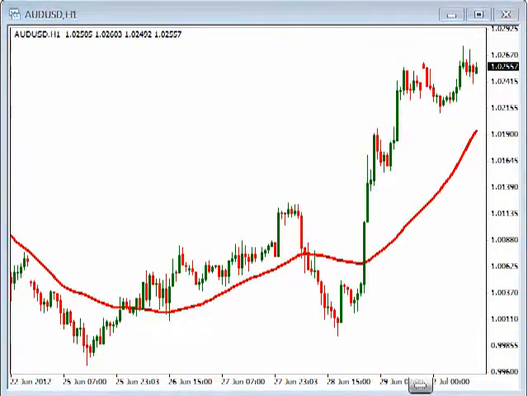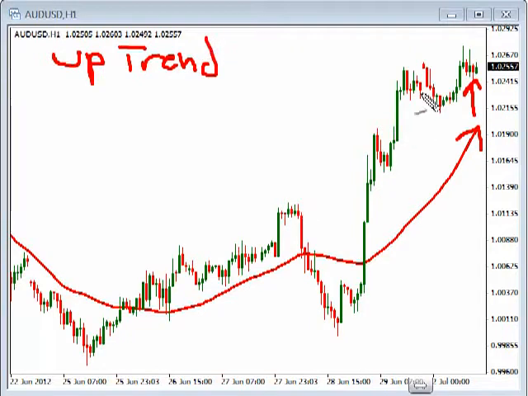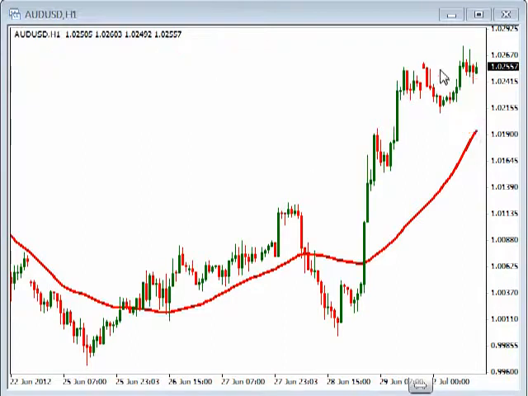Well, we said if the moving average is going up, like it is here, and the price is above it, that we're going to consider that as an uptrend or a bullish trend. So we've got the uptrend, we've got the price above it, and now we're going to be looking for an opportunity to get into this as the price moves up off of support. And so what we want to see now is whether or not this is pulling back to support. And right now it really hasn't done that.